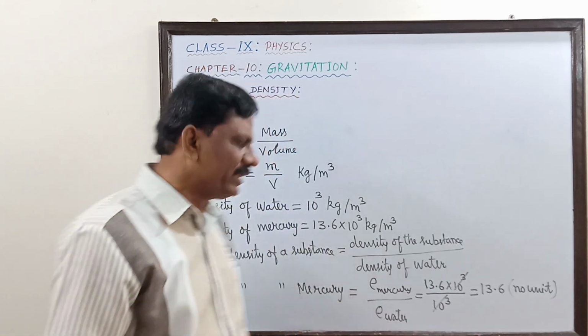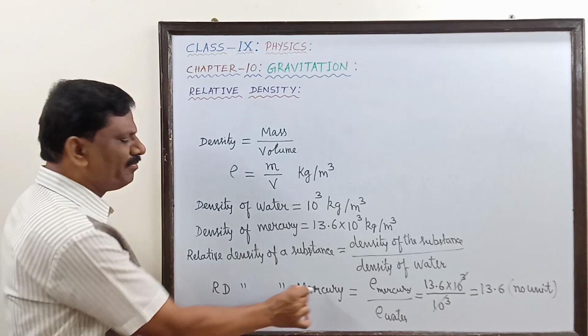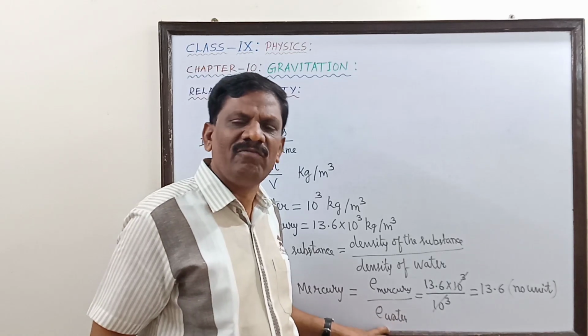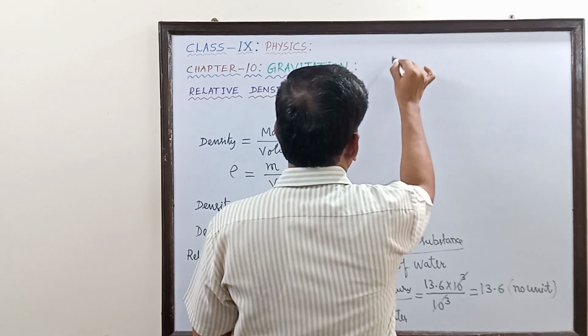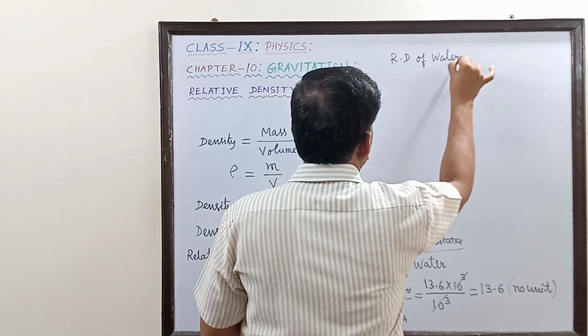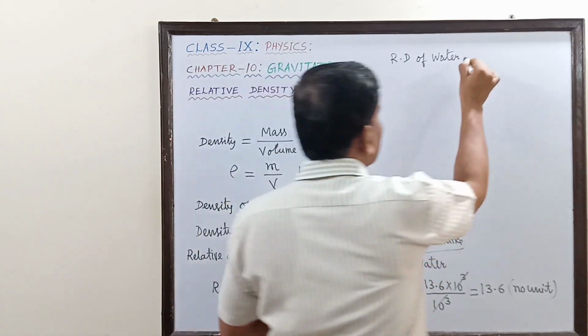Okay children, now you tell me, if I want to find the relative density of mercury, I have to divide the density of mercury by density of water. Is it not? Now, what is the relative density of water itself? How will you find the relative density for water itself? This is equal to what?